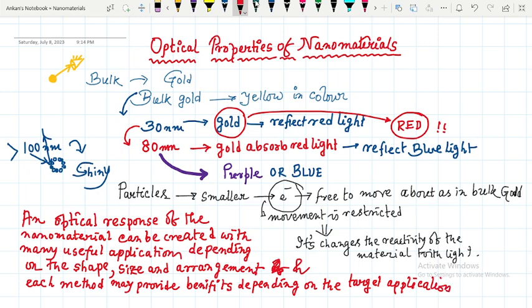So let me revise the things we have studied till now. At first I wanted to make you understand that the optical property of nanomaterials is different from that observed in bulk material.